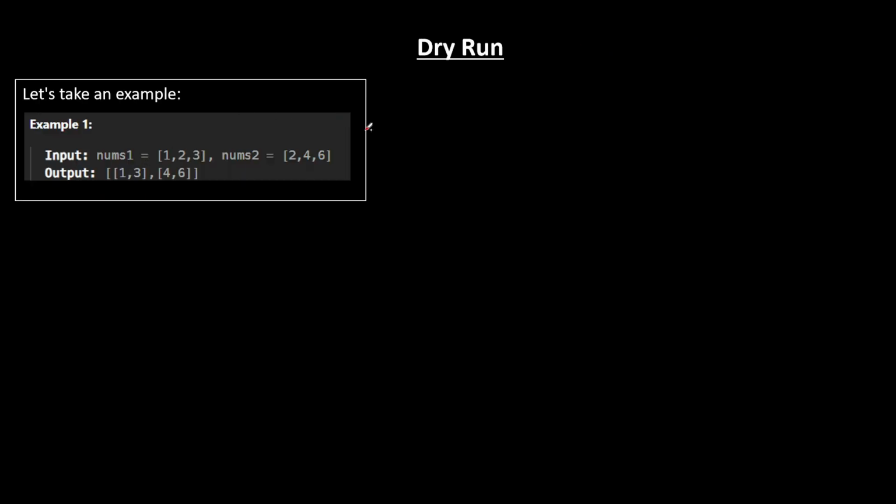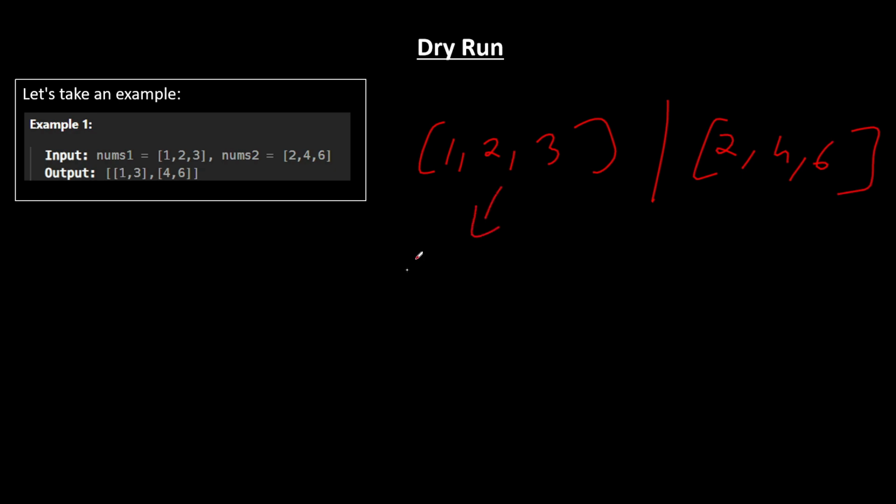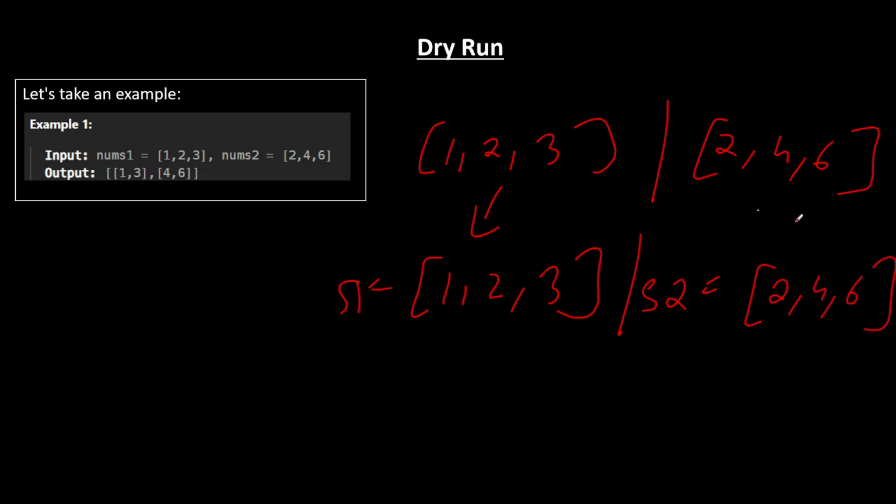Let's see the dry run for the problem. If we take 1, 2, 3, and this is the second array 2, 4, and 6. Fine. Converting into a set will result in 1, 2, 3 itself because all elements are unique here, set 1. And converting this to a set will also give me 2, 4, 6 because all the elements in both the arrays are unique.